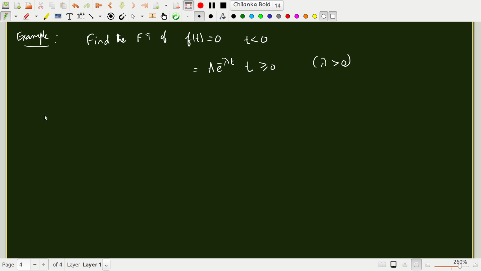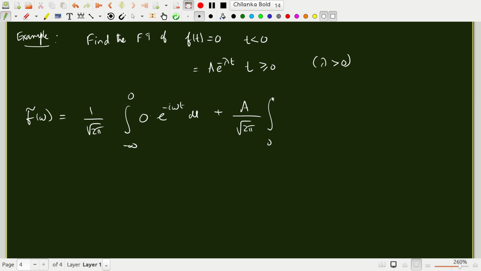Okay, so what is the Fourier transform f tilde of omega? 1 by root 2 pi, integral from minus infinity to 0. You have to split because the function takes two different values, 0 times e to the minus i omega t dt, plus a by root 2 pi, integral from 0 to infinity of e to the minus lambda t e to the minus i omega t dt.